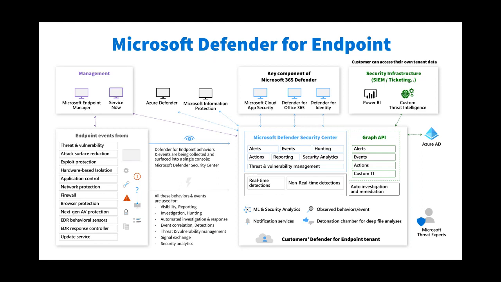Other Defender sources such as Azure Defender, information protection for data security and cloud app, Defender for Office and Identity, which I'll cover more on these, share information into that Microsoft Defender Security Center, and the data is easily accessible also via SIEM tools such as Sentinel, Power BI, and custom threat intelligence via the Graph APIs.